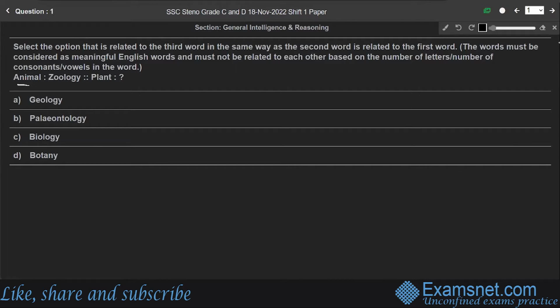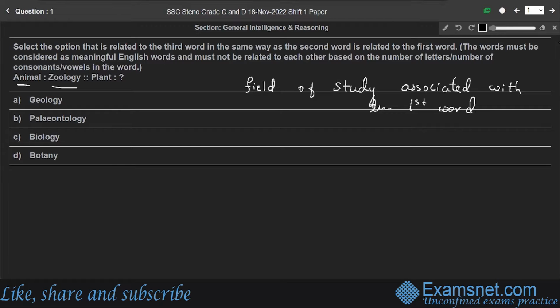Here the word animal is related to zoology. So the second word is the field of study associated with the first word.